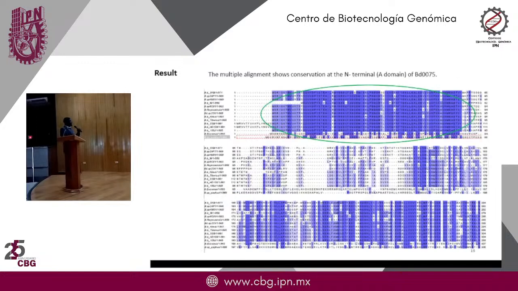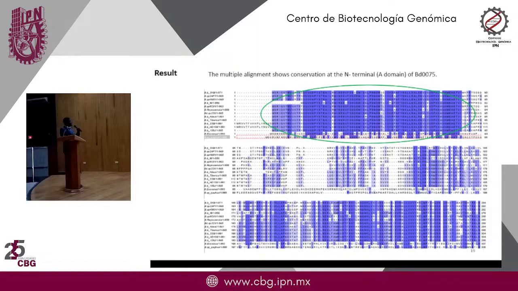What we now did was a multiple sequence alignment to see the conserved regions. These are traditional multiple sequence alignments to see the conserved regions. This is the domain A, and these are all genomes of Bdellovibrio, but specifically the BD0075 protein aligned across the genomes.